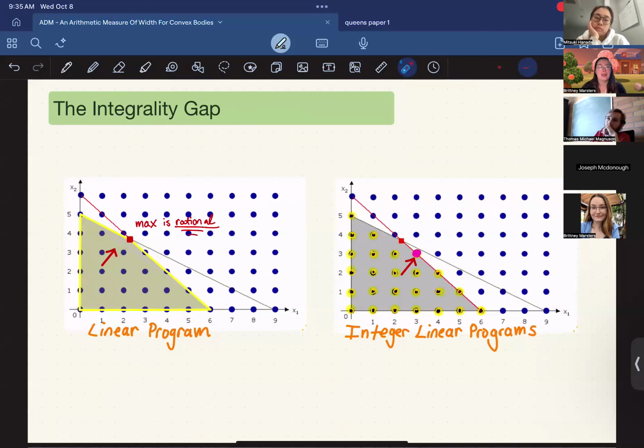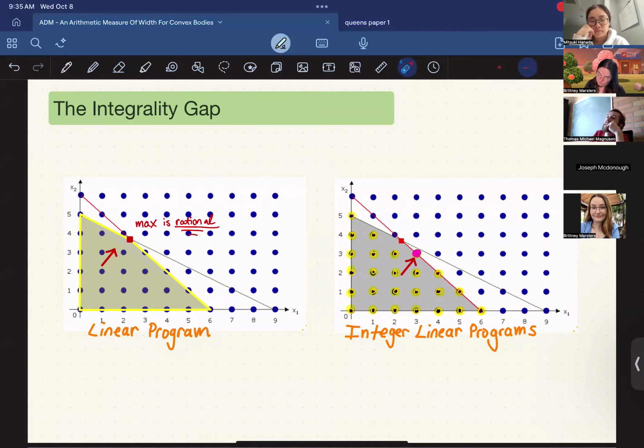Now, what can happen when you are trying to maximize in a fixed direction for just your arbitrary polytope? Well, I can get that the maximum is rational. But a lot of different optimization problems are better described with integer linear programs because, for example, you can't take half of a person. So we sort of want the next best thing.